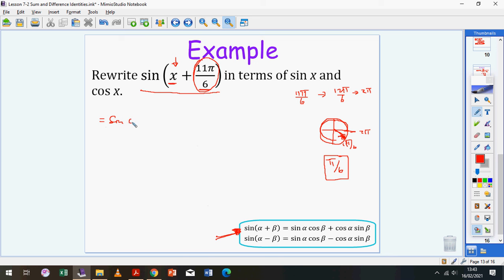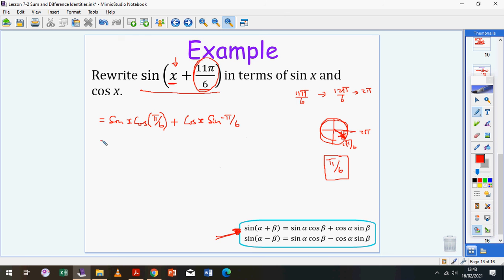Instead of 11 pi over 6, I'll just write pi over 6, and I know that it is positive, so I don't need to change the sign, plus cosine x sine, instead of 11 pi over 6, I will write pi over 6, but I will add a negative because that angle is in that quadrant. So if I'm going this way, it's negative. Or if you think about the quadrant sign being negative, then you still come to the same solution.